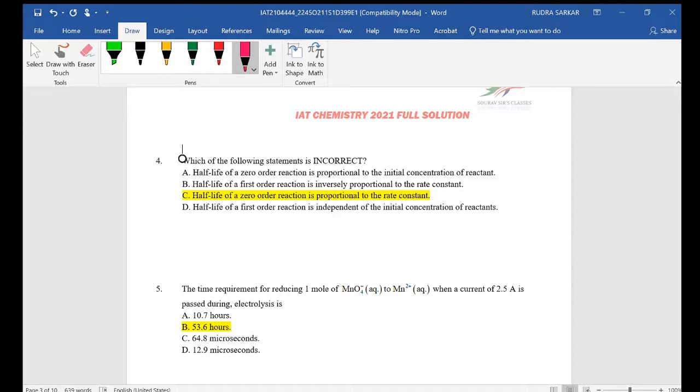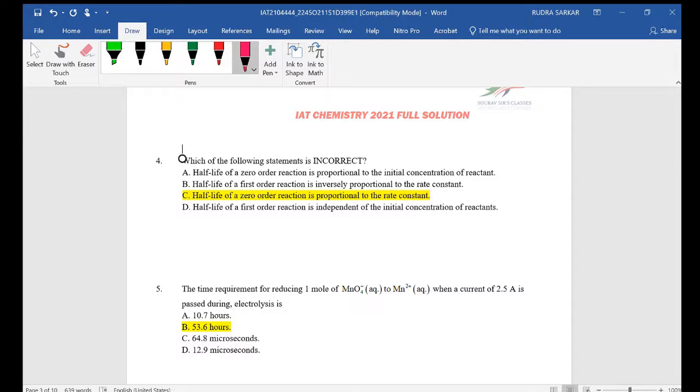A: half-life of a zero order reaction is proportional to the initial concentration of the reactant. B: half-life of a first order reaction is inversely proportional to the rate constant. C: half-life of a zero order reaction is proportional to the rate constant. D: half-life of a first order reaction is independent of the initial concentration of reactants.